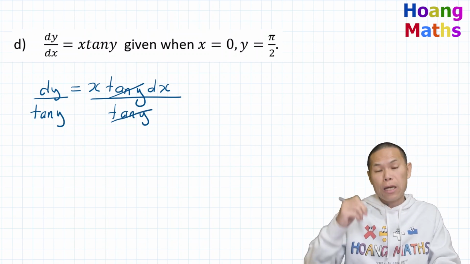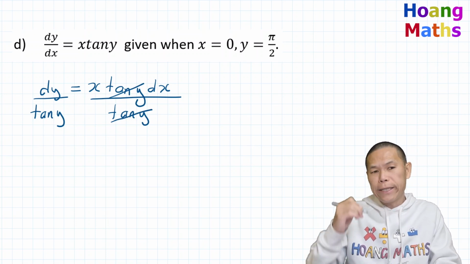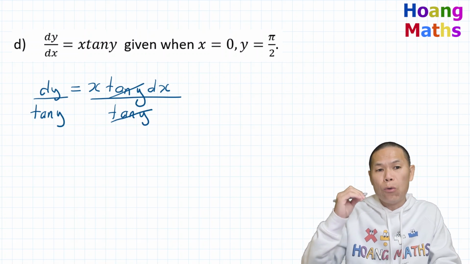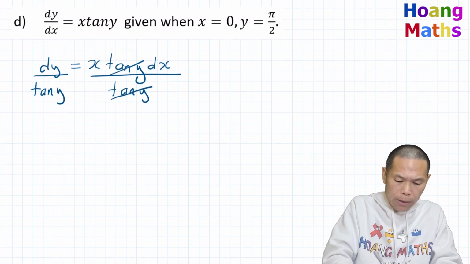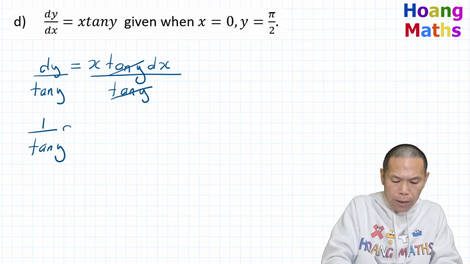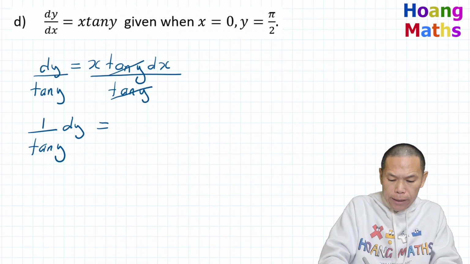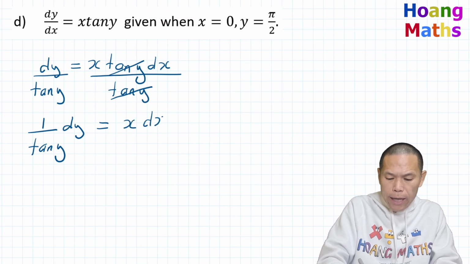So dy over tan of y is exactly the same as 1 over tan of y times dy. So that is 1 over tan of y dy is x dx.